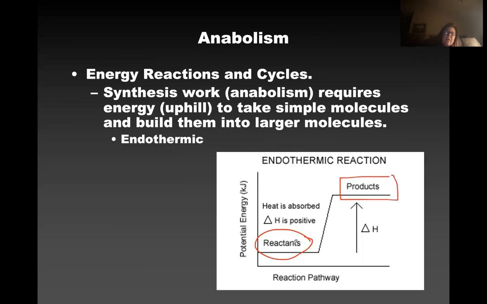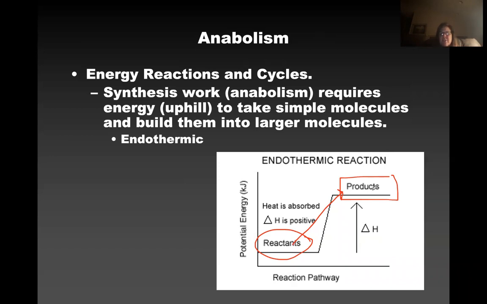So in order to get from our reactants to our products, we have to go uphill, which means I have to put energy into the system. When I'm taking something simple and making something more complex, I'm making it more organized. I'm opposing entropy. I have to use more energy.